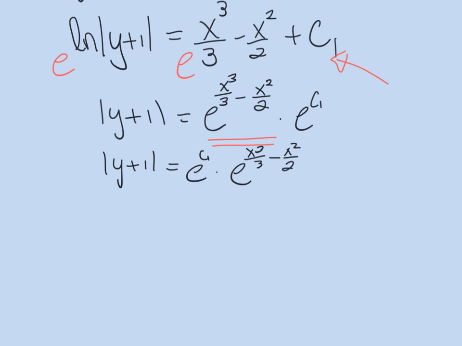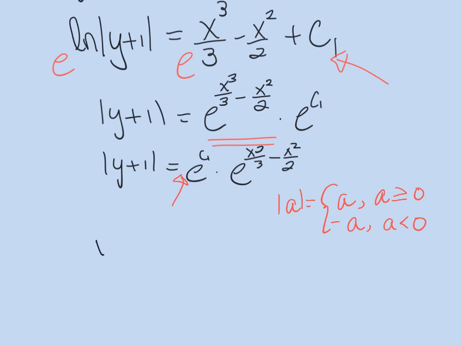Let's take a moment and talk a little bit about absolute values. If I have the absolute value of some number a, this is going to equal a if a is greater than or equal to 0, and it's going to equal negative a if a is less than 0. So what that means is that we can take the absolute value off the left-hand side, provided, of course, we put a plus or minus in front of that e raised to the c sub 1.